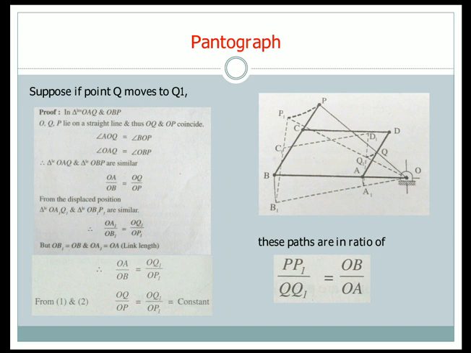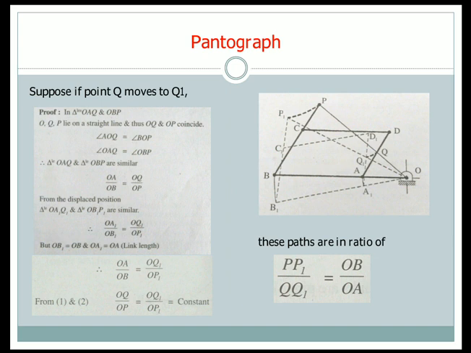Also angle OAQ is equal to angle OBP. So therefore triangles OAQ and OBP are similar. So we can take the ratio of similar triangles: the ratio of OA by OB is equal to OQ by OP.